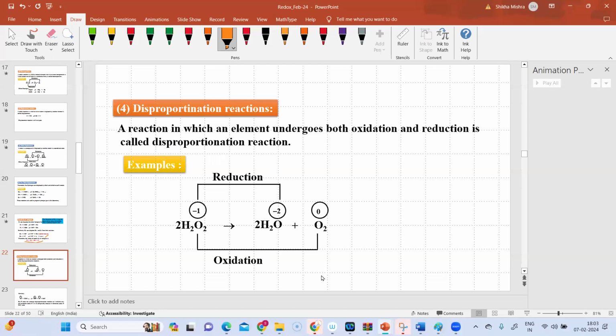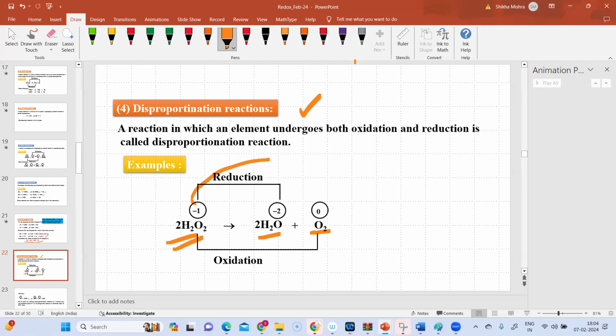Then disproportionation reaction. This to me is the most important one from the perspective of short notes. What is a disproportionation reaction? A reaction in which the same substance undergoes oxidation as well as reduction, right? For example, you can see hydrogen peroxide is being converted into water and oxygen, oxidation and reduction simultaneously. So the oxidation number of oxygen in H2O2 is -1.